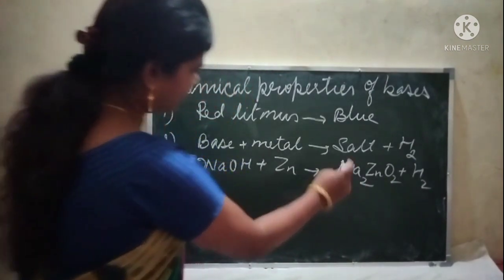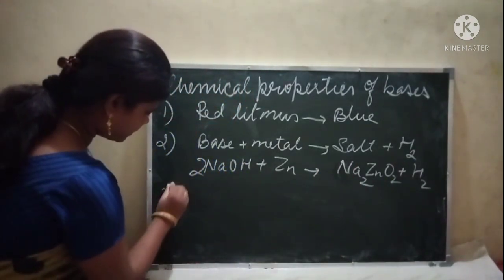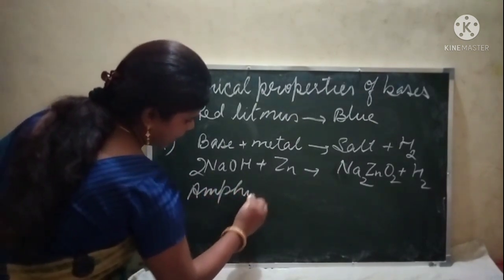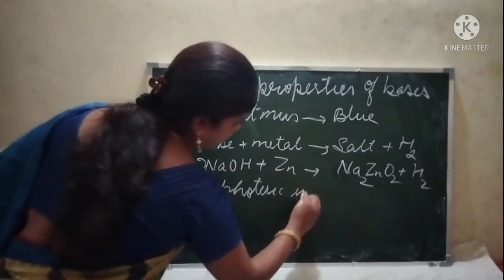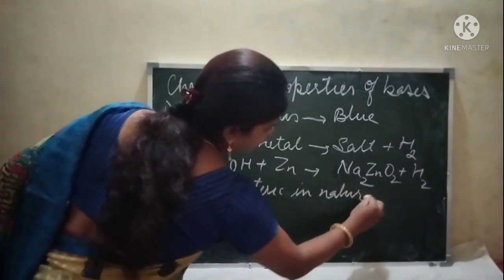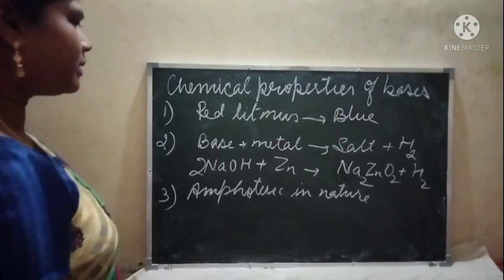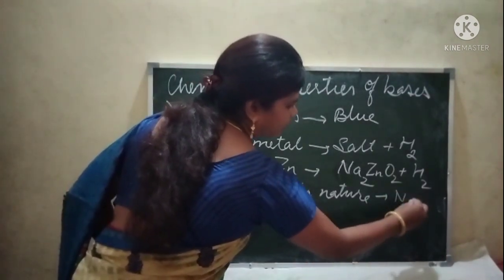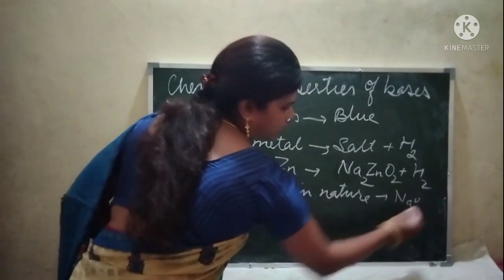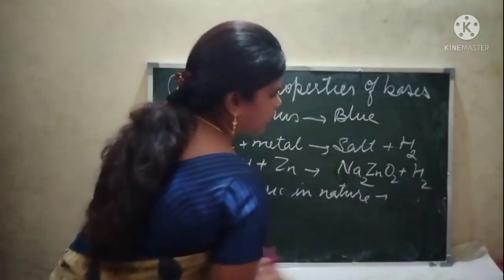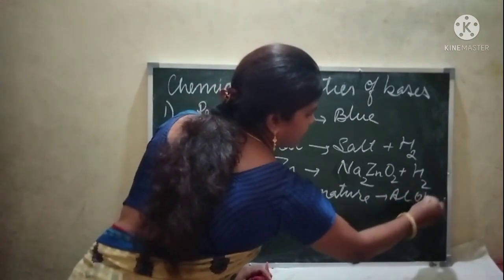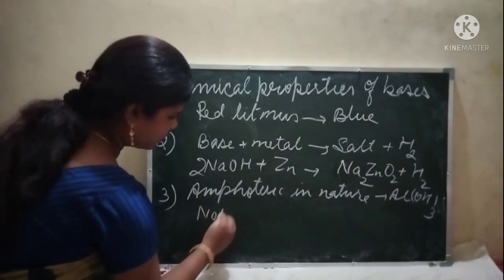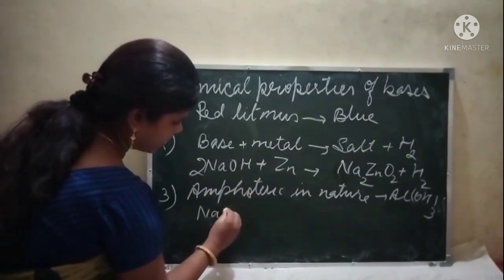Now the third property: it is amphoteric in nature. A few bases, not all the bases, are amphoteric in nature. Let's take the example of aluminum hydroxide and sodium hydroxide.